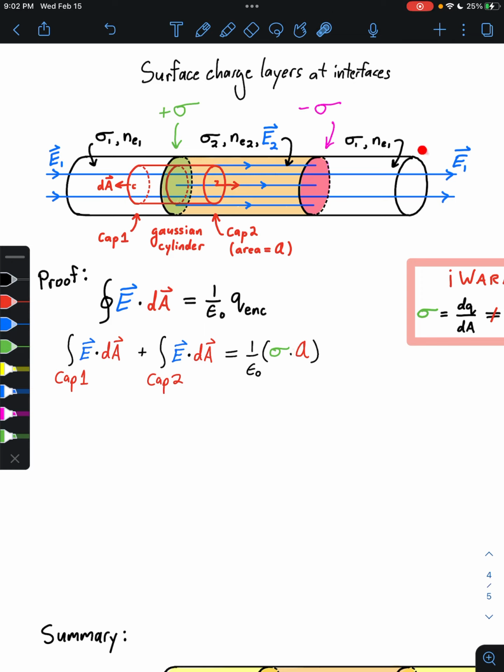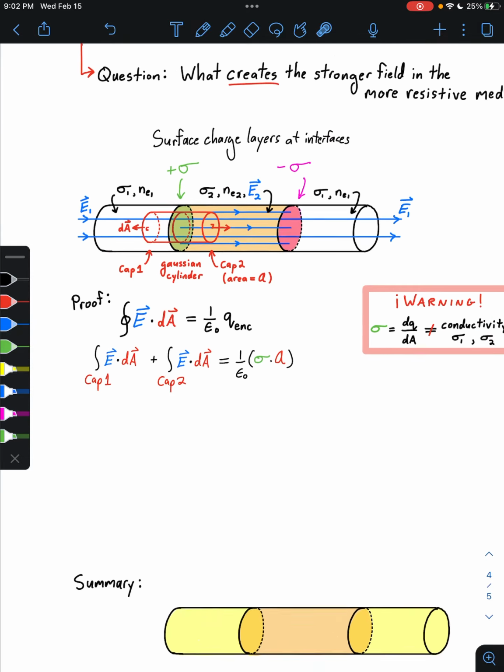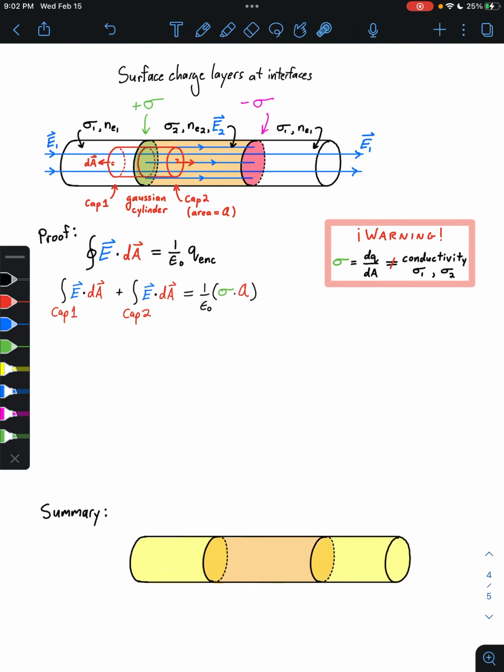I guess a capital A would be the actual full cross-sectional area of the wire. All right, now at this moment, we have this unfortunate notational situation where we've got two different sigmas meaning two different things. There are these sigmas, which are surface charge densities, and then there are these sigmas, sigma 1 and sigma 2, which are our conductivities. So a warning that we'll just have to use context to keep straight.